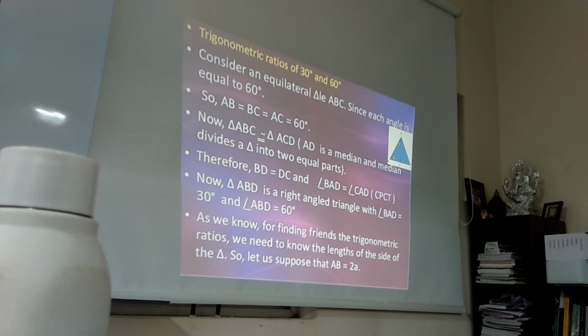How is 30 and 60 degree possible? If it is an equilateral triangle, there will be 60 degrees on all the angles. One angle is bisected over here, so this becomes 30 degree. So you take sine 30 degree, cos 30 degree, and you will solve.